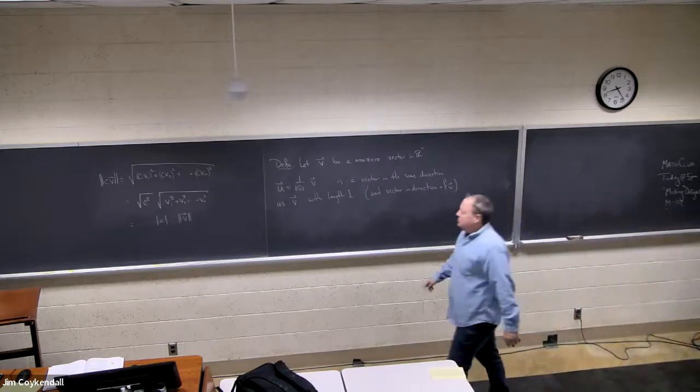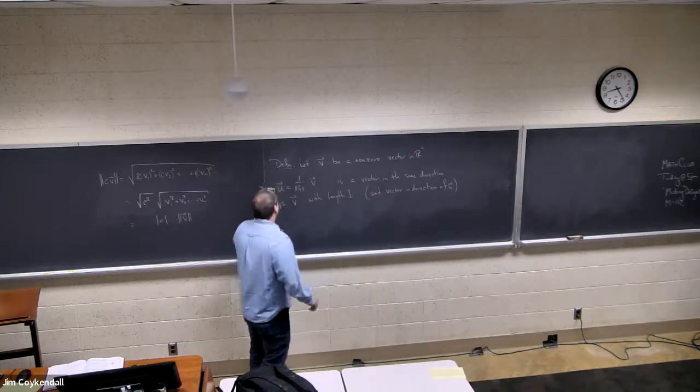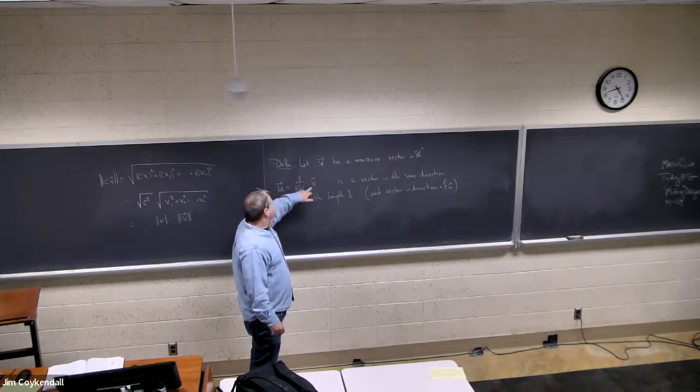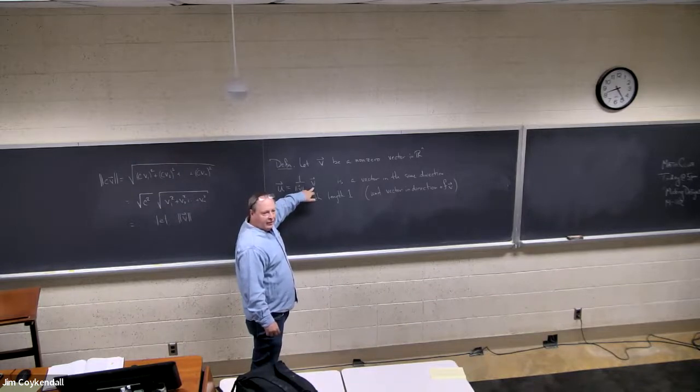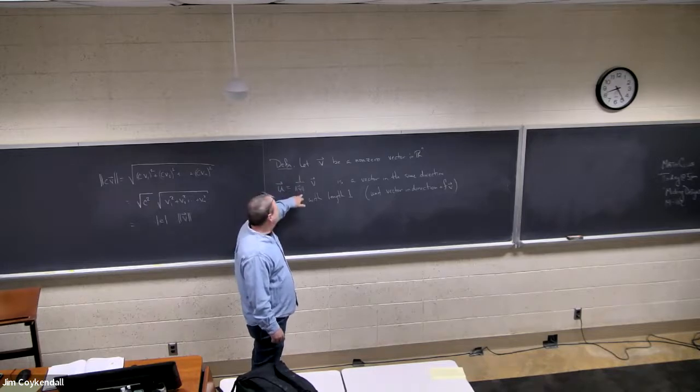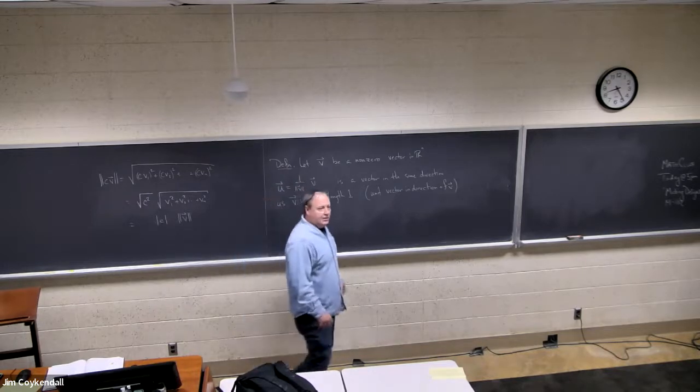Let me talk you through this a little bit. Notice that 1 over the length of V, well, that's just a number. So that means that U is a multiple of V, and so it points in the same direction, plus or minus. But this thing that I'm multiplying by is always positive, right? Because the length of V is a positive number. So it's definitely in the same direction.